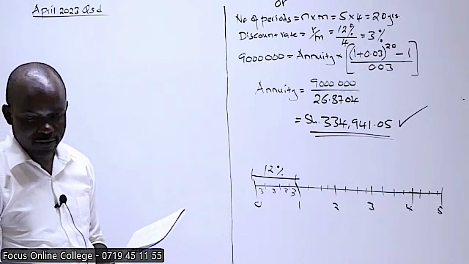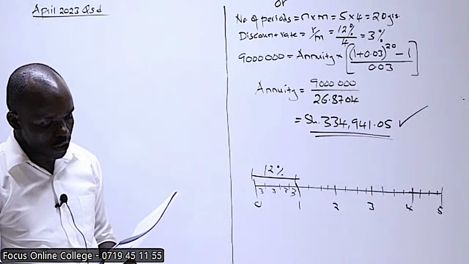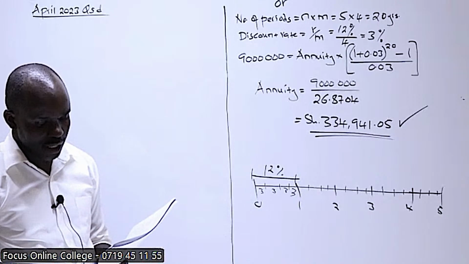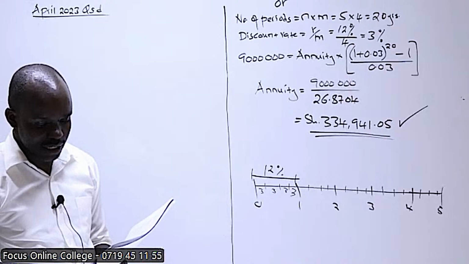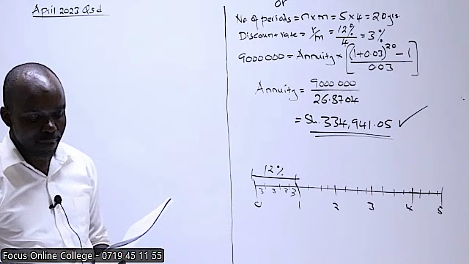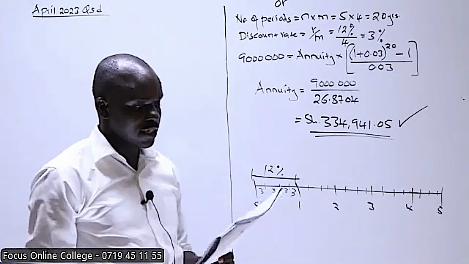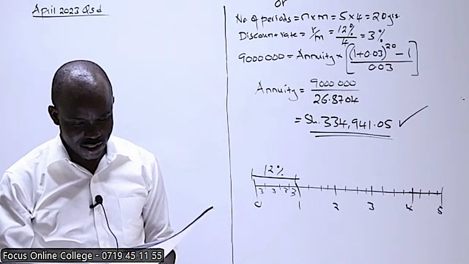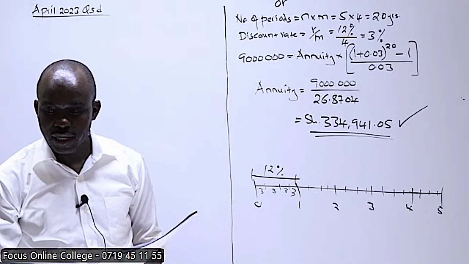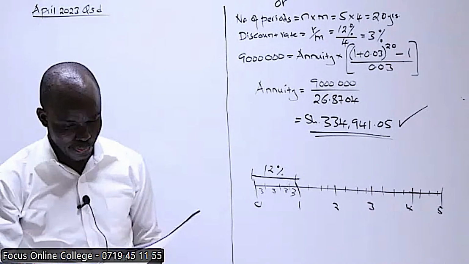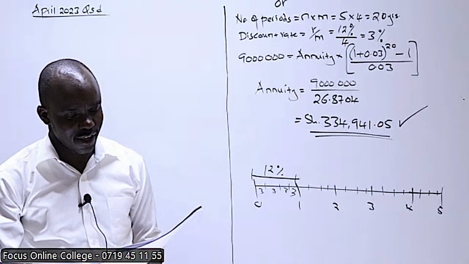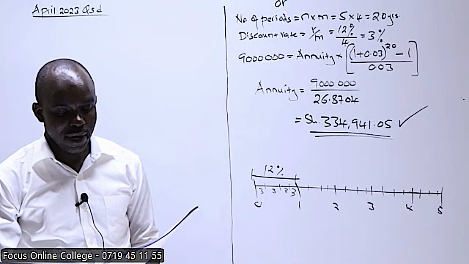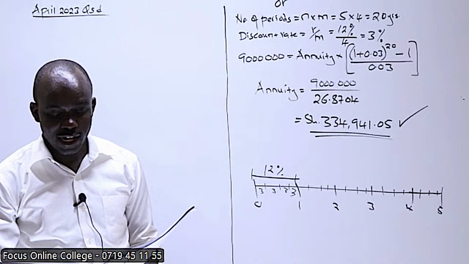The question says, John Osoro has deposited shillings 700,000 into a savings account at an annual interest rate of 5%, compounded monthly, with additional deposits of shillings 10,000 per month made at the end of each month.